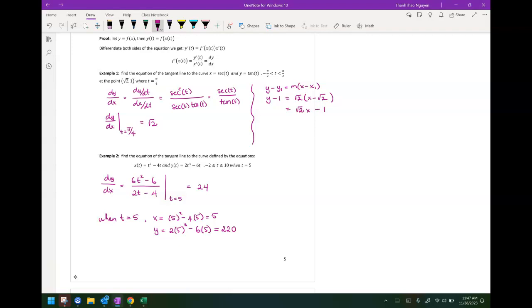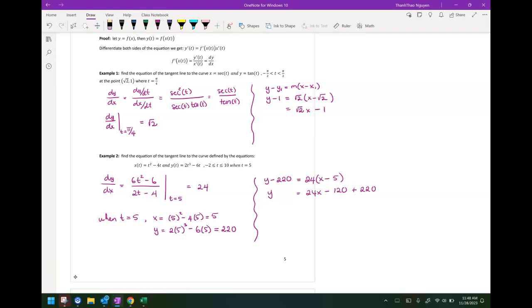Now I can write the equation of the tangent line: y minus 220 equal 24 times x minus 5. So y equal 24x minus 120 plus 220.